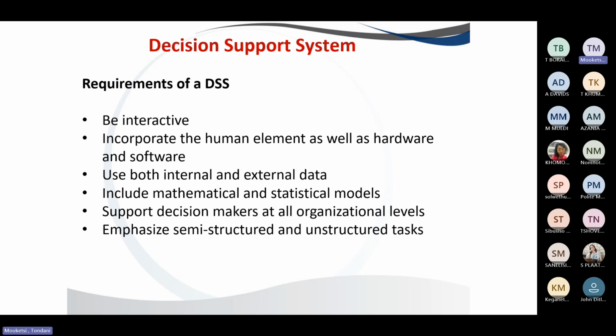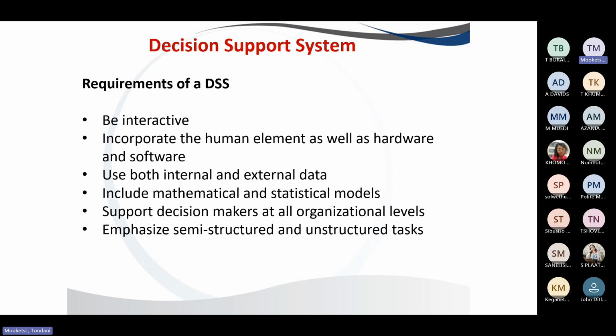So like the example I gave now about Pick and Pay opening a new store in a foreign country. That is an unstructured decision that happens at strategic level of the organization. Things like mergers and plant location, those are types of decisions that happen at strategic level.